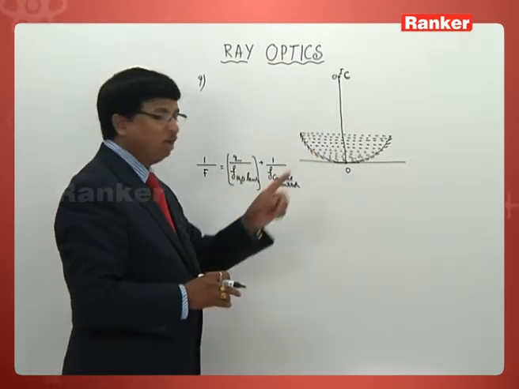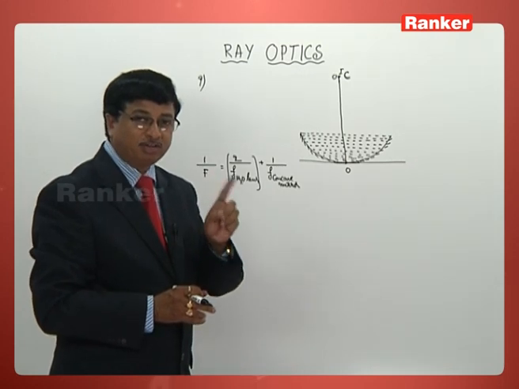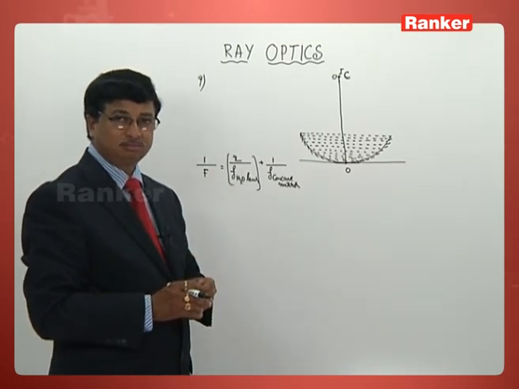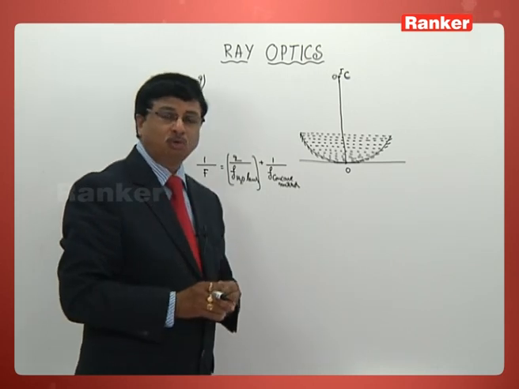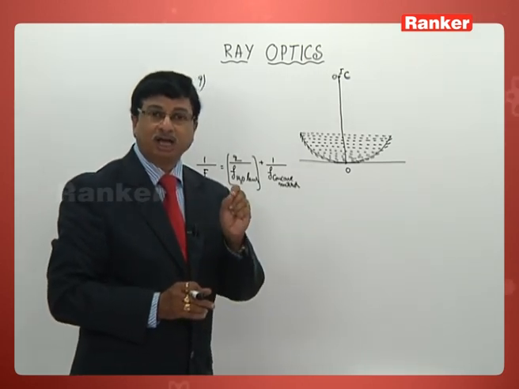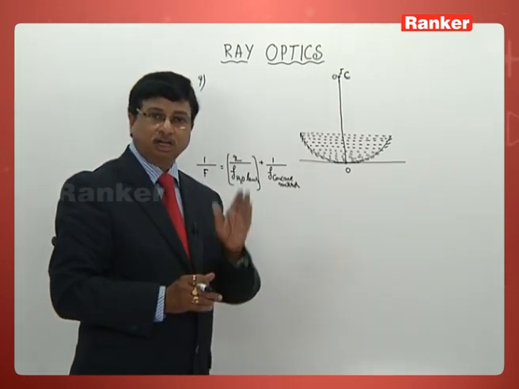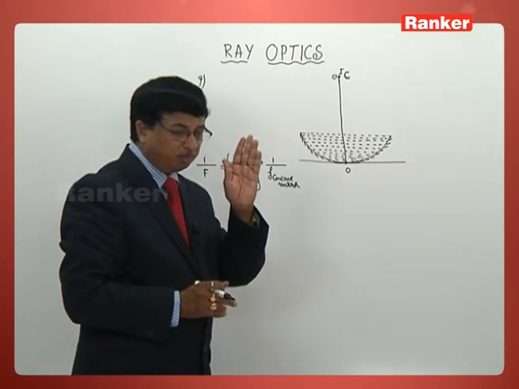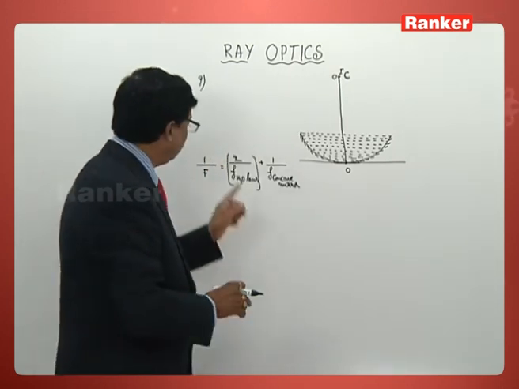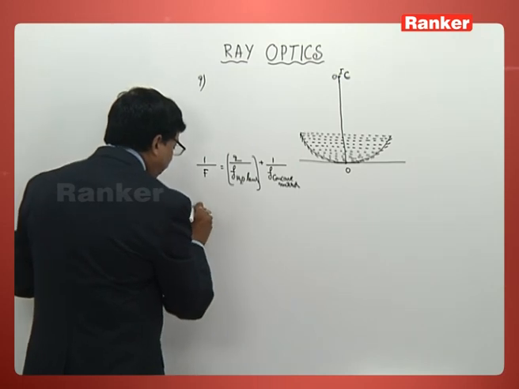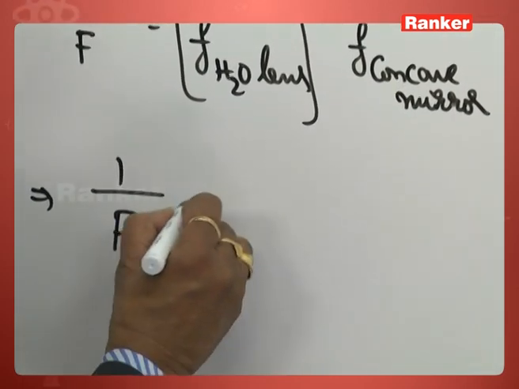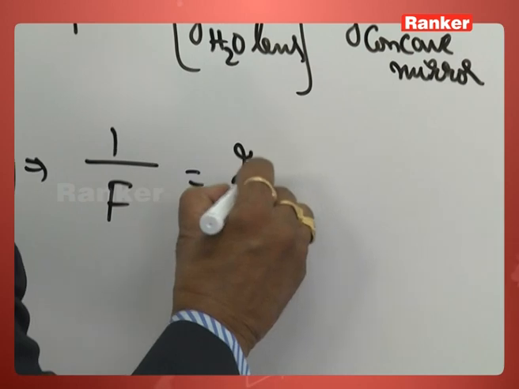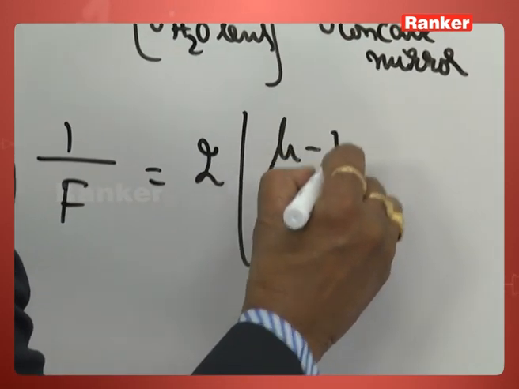And all of you know, for a plano-convex lens, 1 by f is equal to mu minus 1 by r, according to the lens maker's formula. So how do we write this now? 1 by f effective is equal to twice mu minus 1 by r.